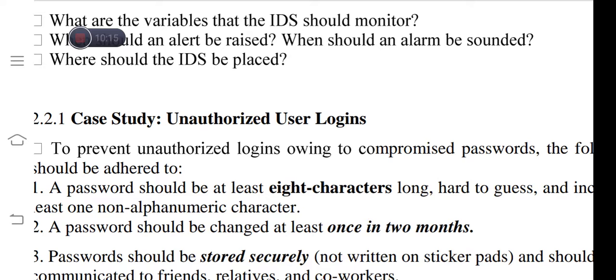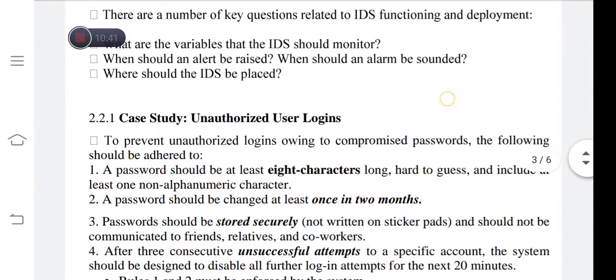So as we already know, the user will create a password using various rules, which again depend on the websites. What are the constraints given by that particular website? According to that, the user will create a password. So all these are preventive measures. To prevent unauthorized logins owing to compromised passwords, the following should be adhered to.